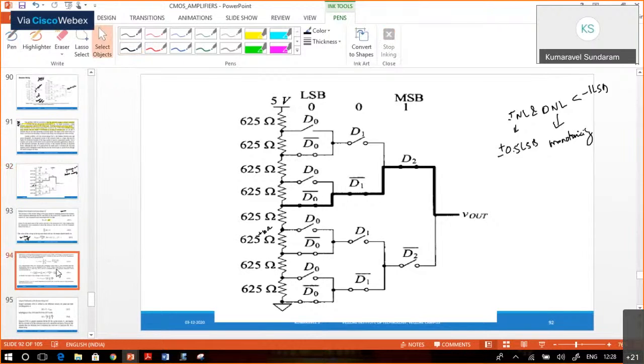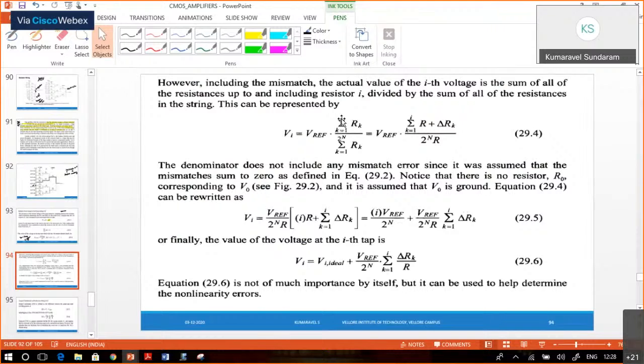Rk we can write as R plus del Rk, and the denominator is 2 power n into R plus the mismatch.